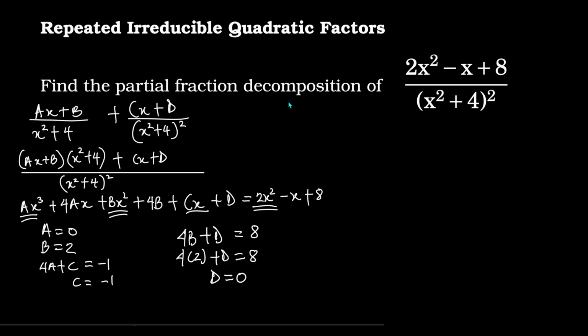Now the partial fraction decomposition of this, by substituting the values of a, b, c, and d, is going to be 2 over x squared plus 4. C is -1, so we have negative x. D is 0, so divided by x squared plus 4 raised to the power of 2.